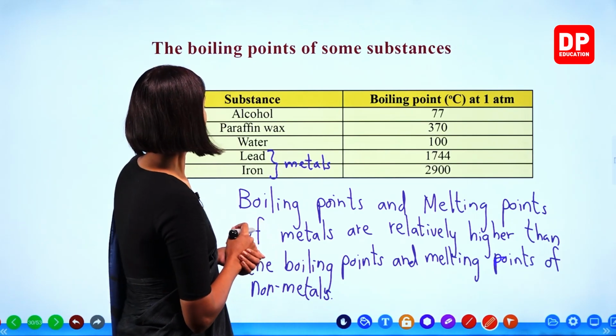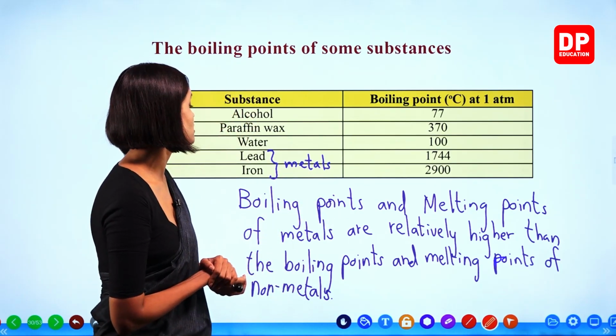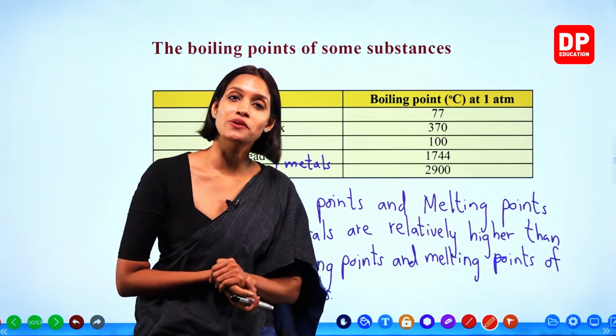Right, children? Boiling points and melting points of metals are relatively higher than the boiling points and melting points of non-metals. Right.